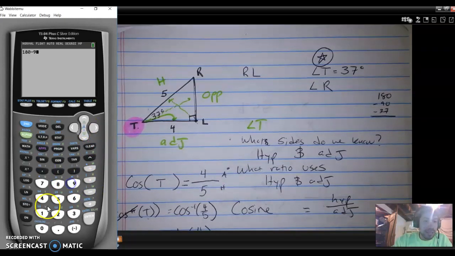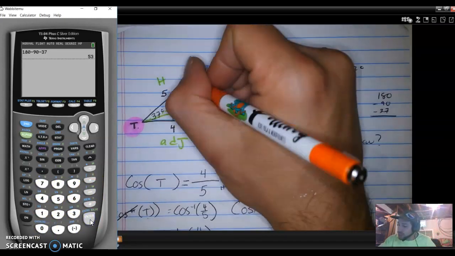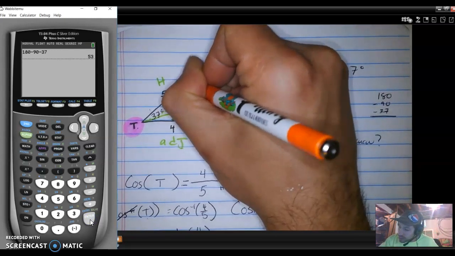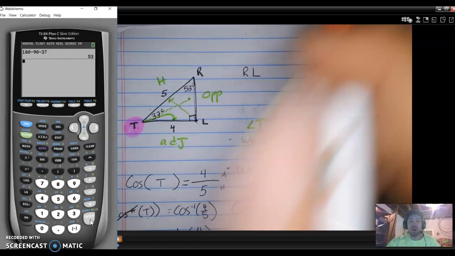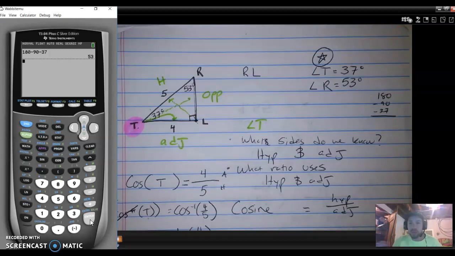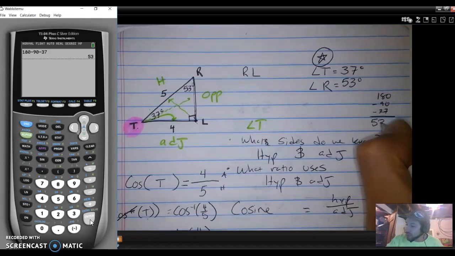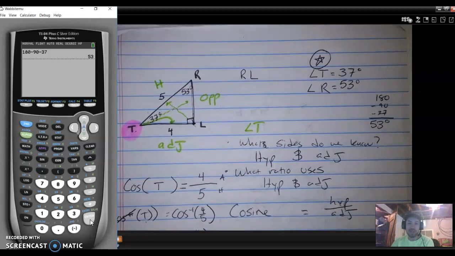That tells us we have 53 as our other angle. Boom, we know all of our angles. Remember, it's super easy if you know two of something in a triangle to find the third.